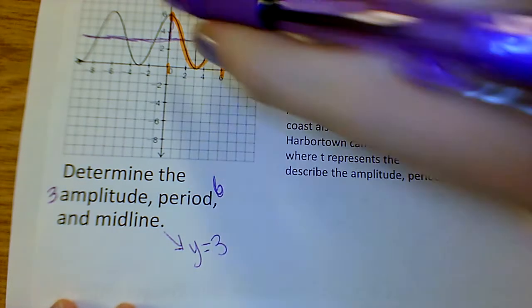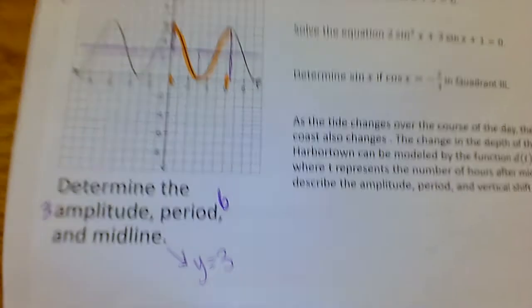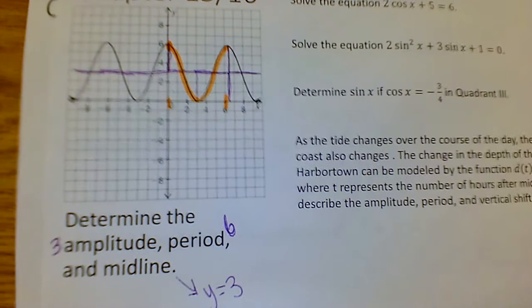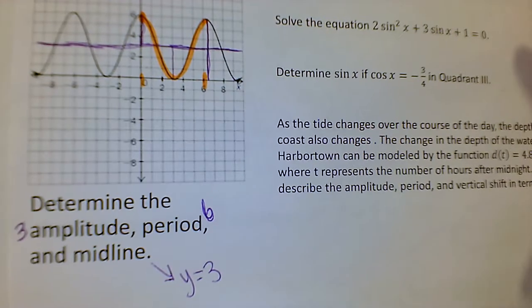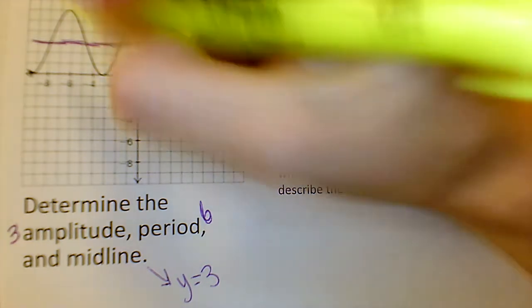Now you don't have to start here and end here. You can start and end wherever you want. Let's say you wanted to start somewhere else. So we'll start here, I guess.